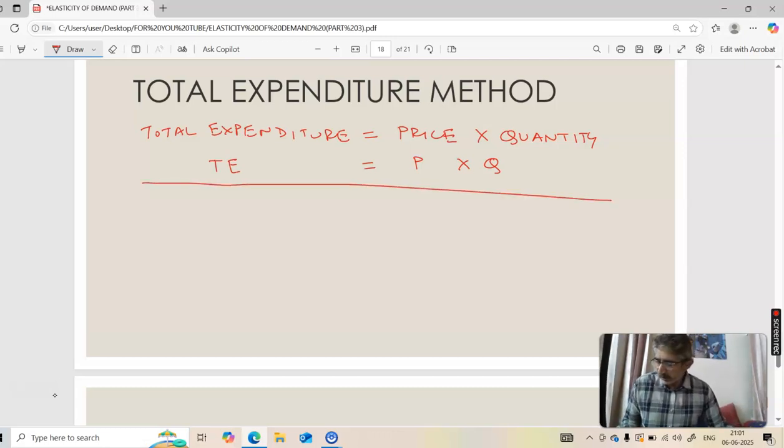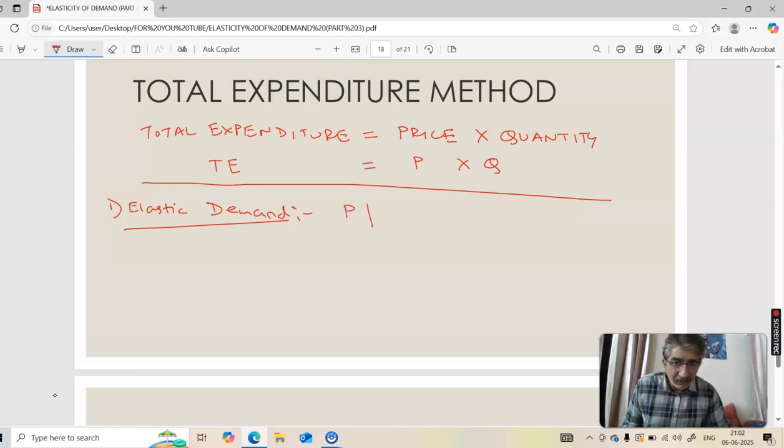Now here children just pay attention. Elastic demand, I'll simplify the thing. Elastic demand will be in a case where as the price falls, downward pointing arrow denotes fall in the price, total expenditure TE increases.